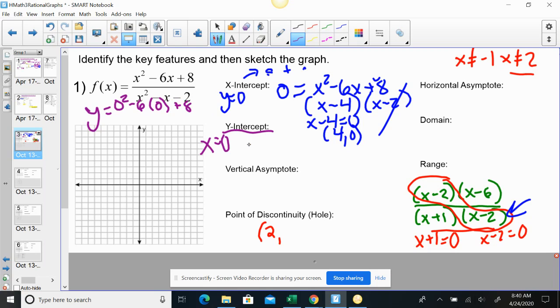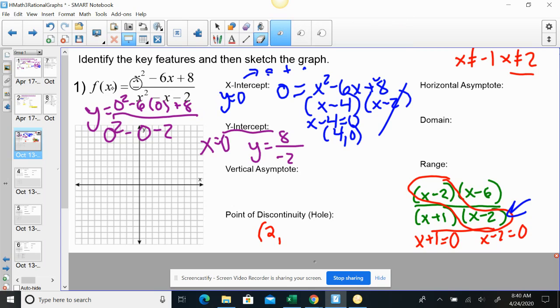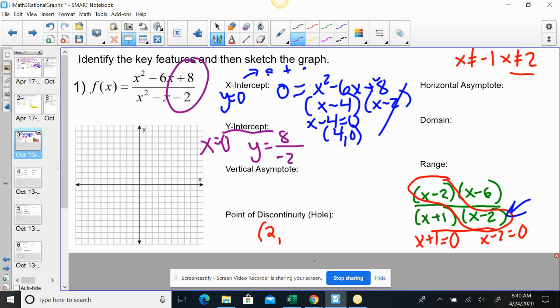So that gives me 8 in my numerator, divided by 0 squared minus 0 minus 2, negative 2. What's going to happen with your rational functions for your y-intercept is it's really just going to be the constant values, meaning they're not attached to variables. So 8 over negative 2 is negative 4. So my y-intercept is going to be at (0, -4).